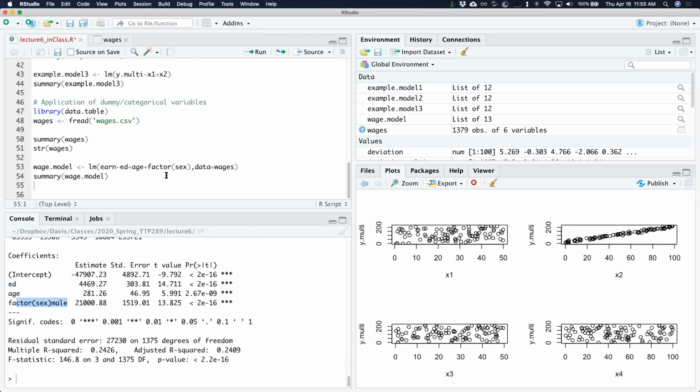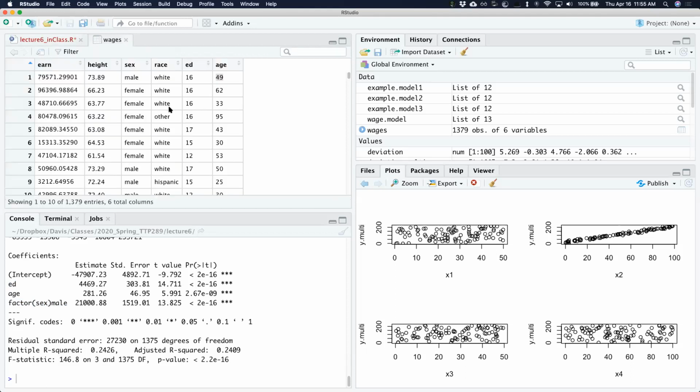Here, when I say factor, it's essentially creating a hidden set of extra data. I think the best way to visualize this is you're going to have two new columns, a male column and a female column, with ones and zeros.